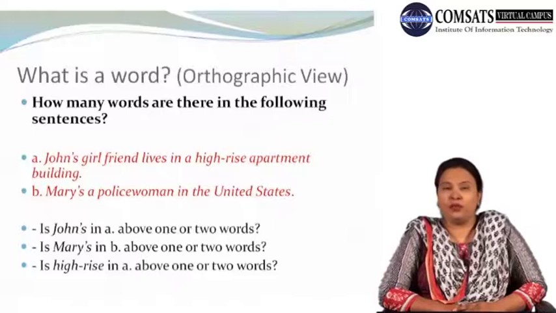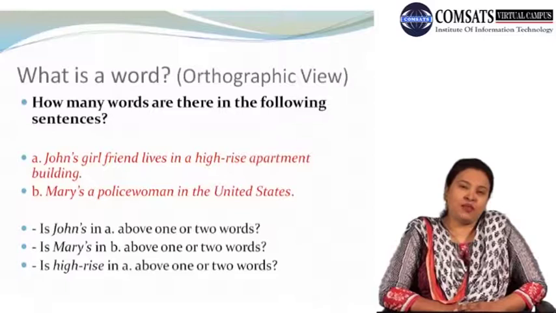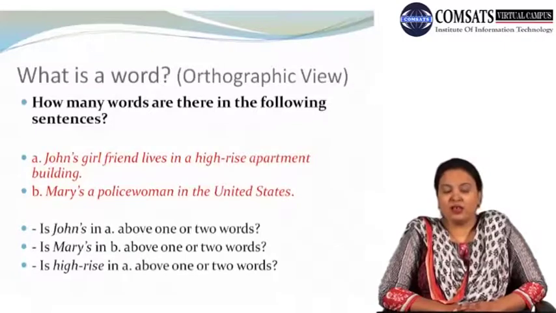Yes, you would be confused about that, and definitely you should, because we know that John's and Mary's both use an apostrophe, and we read it with context. Inside the context, we know that John's, the first one, apostrophe s, is showing possession, John's girlfriend, it means the girlfriend of John. And in the second place, there's Mary's a policewoman.